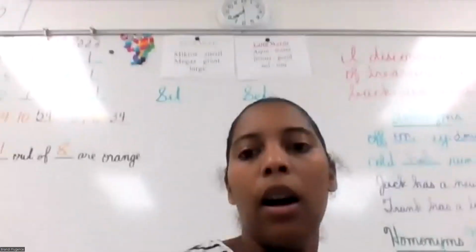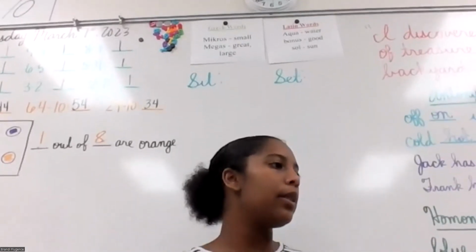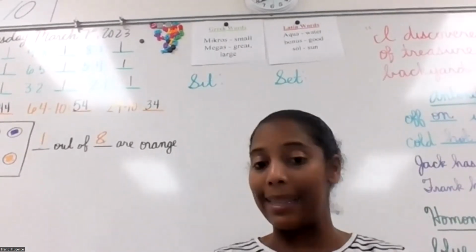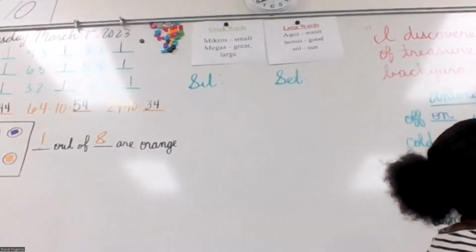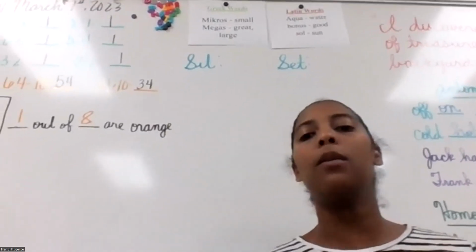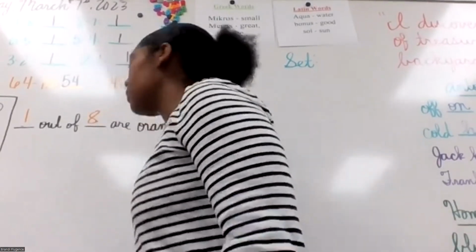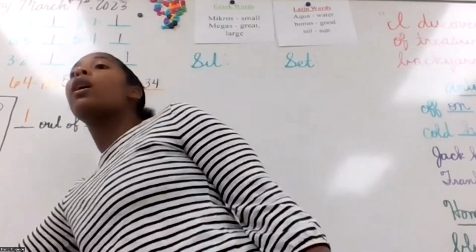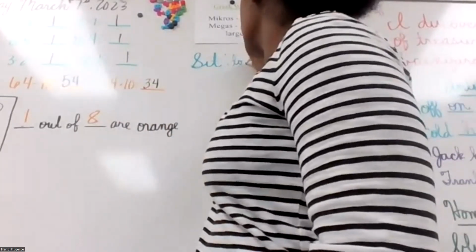All right, awesome. All right, guys, let's go ahead and get into our sentence writing this week. So remember, we are learning the proper usage of sit and set, how to use them properly in sentences. When we talk about the word sit, what does it mean when we say sit? To rest. If we want to rest, we will sit.